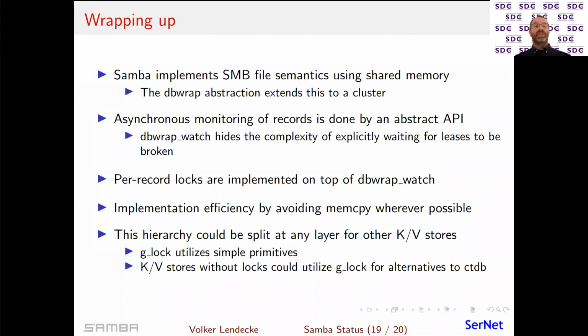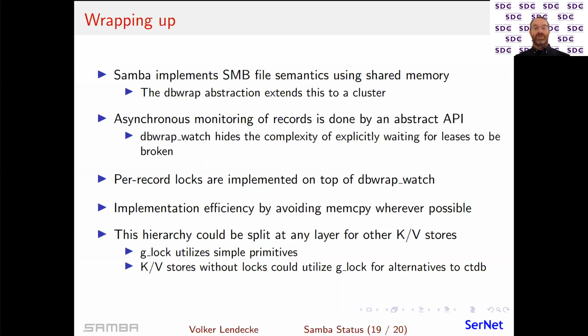In particular for leases, and of course to implement the glog, we need to asynchronously monitor record changes, and we put this into an abstract API, dbwrap watch. It hides the complexity of explicitly waiting for leases to be broken. That's the initial use case that we had, but it's used in other places now as well.